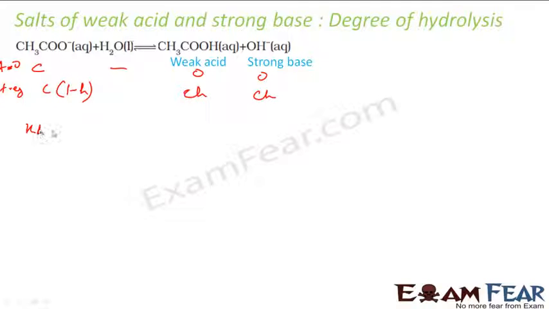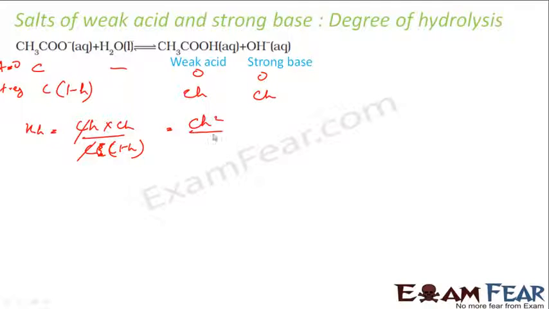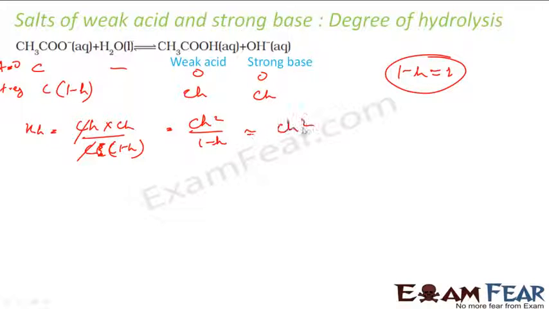So my KH for this equation is Ch into Ch, divided by the CH3COO minus concentration, C into 1 minus h. So I get Ch square by 1 minus h. Now 1 minus h is almost equal to 1 because hydrolysis is very small. So KH is almost equal to Ch square.